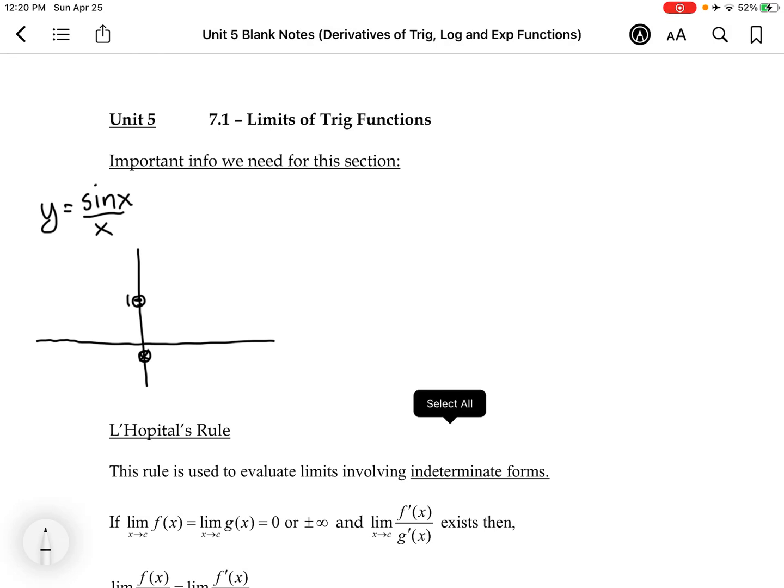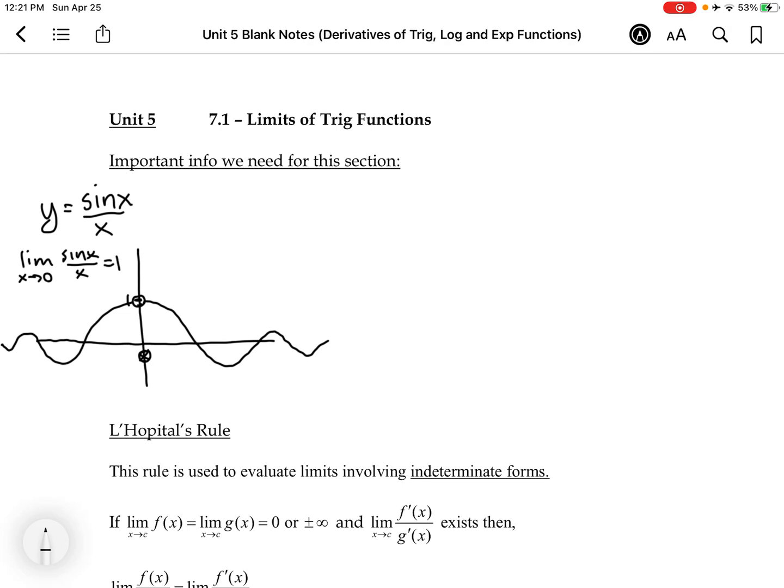However, there is a limit there. So this graph looks like this. We'll discuss why the limit as x approaches 0 of sine x over x equals 1.